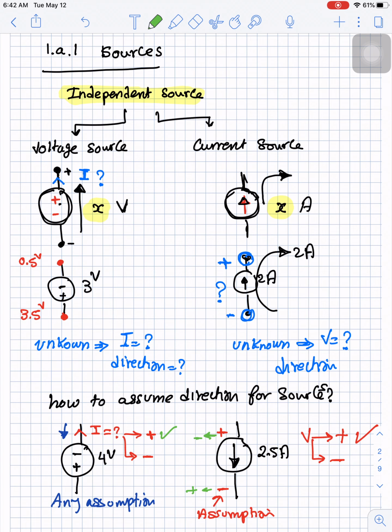But instead of allowing students just to assume the voltage or the current in any direction, then we will have multiple solutions and this will be a little bit confusing. Let's make an agreement on how the assumption will be done.